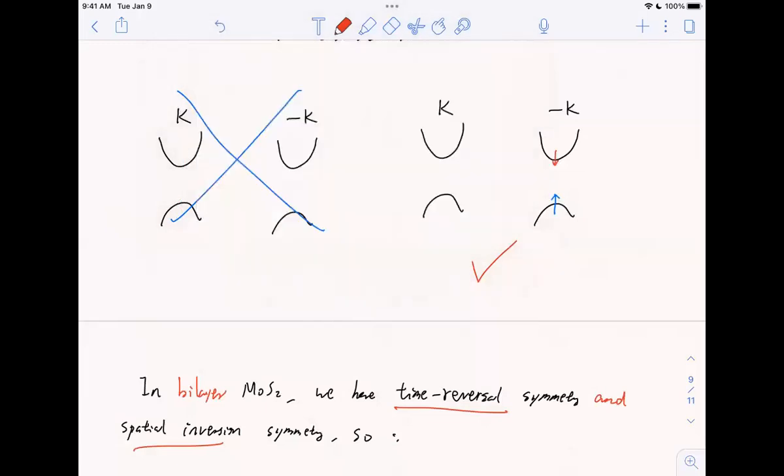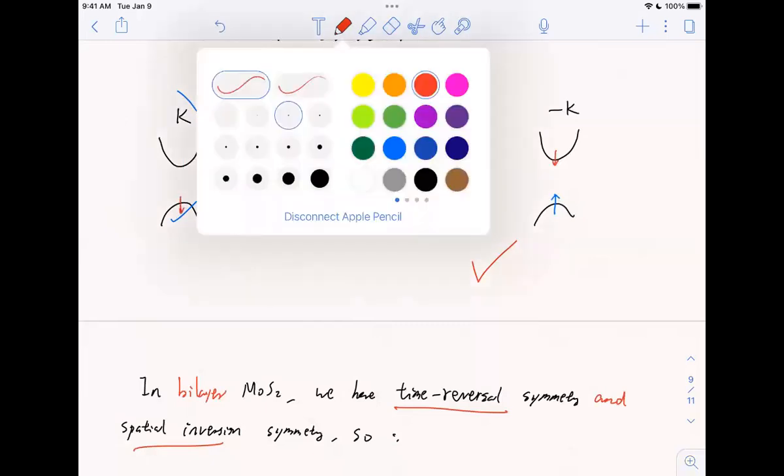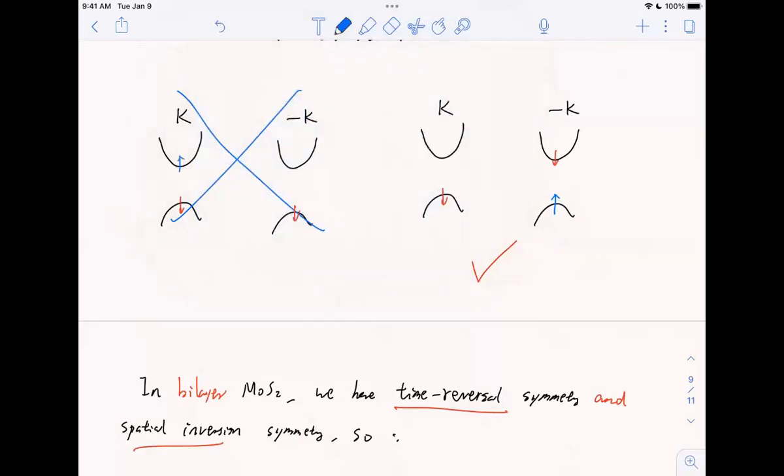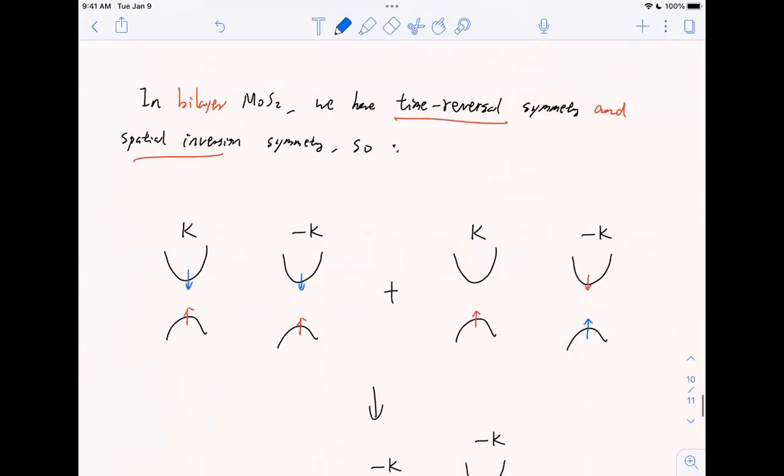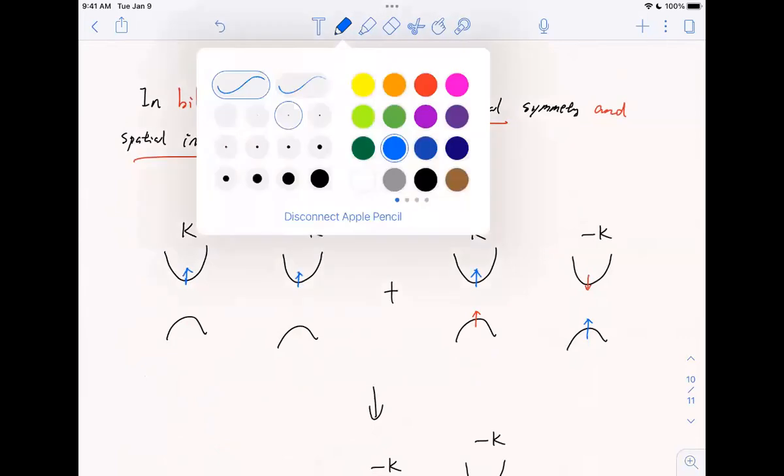Okay, so this is down. Down. Okay, down. Then it's up. Okay. So this is up. This is down.